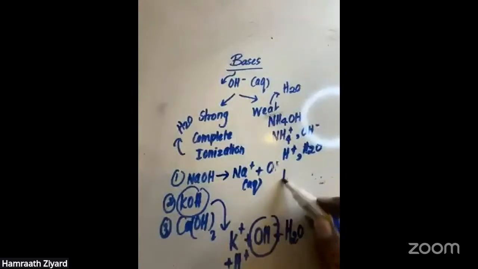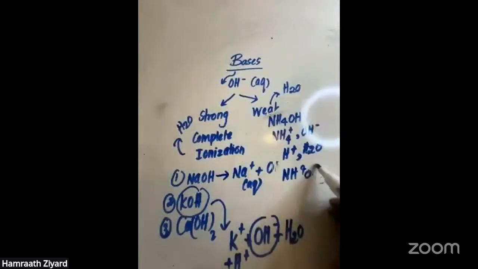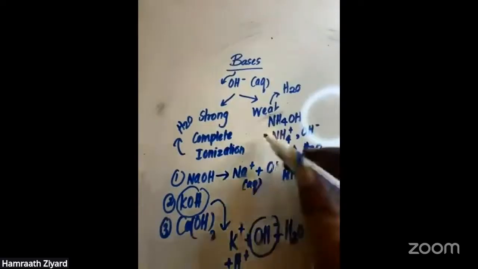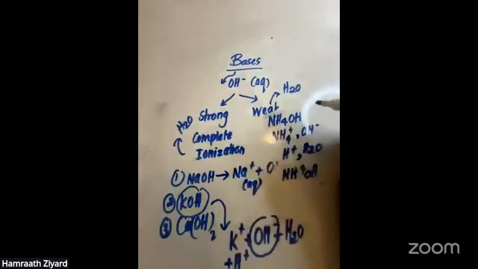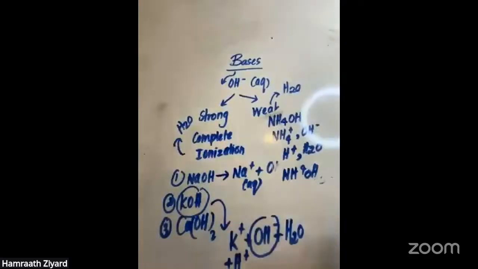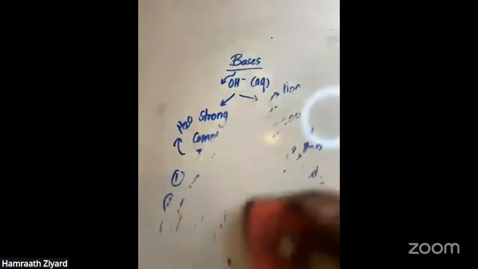And again, you will have ammonium hydroxide. So these are the things that will be present in ammonium hydroxide. Clear? Got it? Understood? Any doubt? So that's it about the bases.